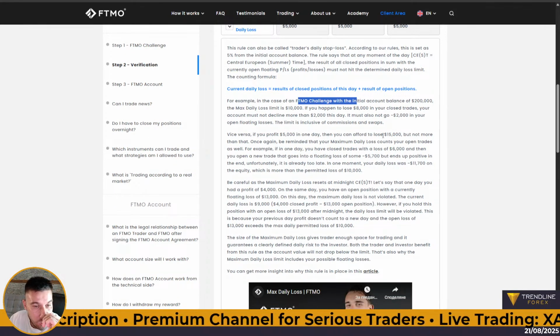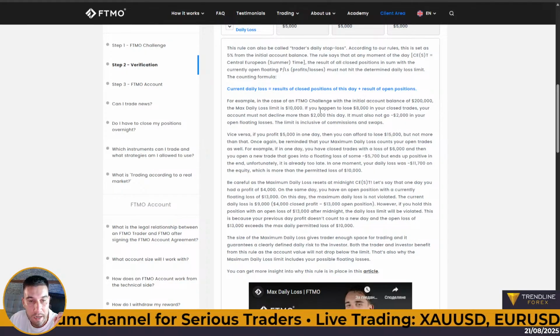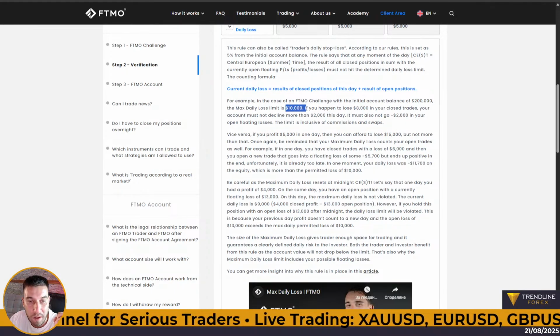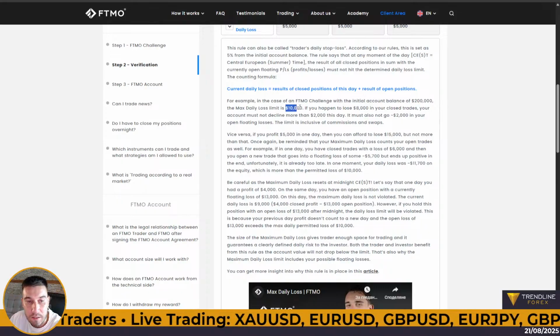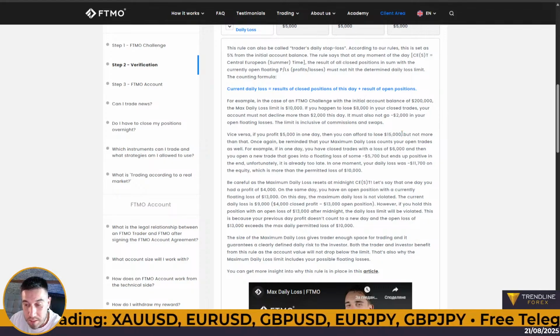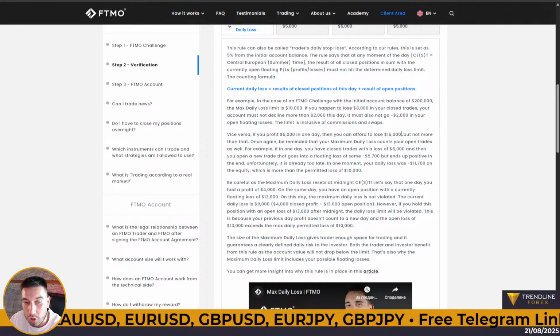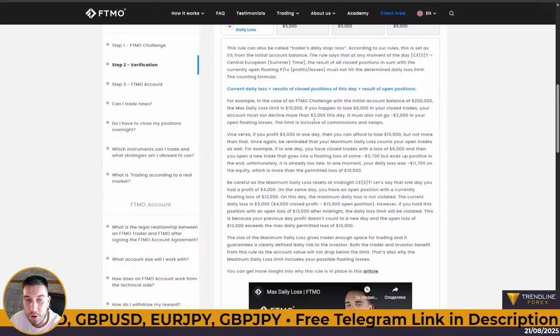So this is what I'm talking about. On a 200k account, you have a daily loss limit of 10k. So if you make 5k profit, now your daily loss limit is not 10 but 15k. You see, this is how it should be, because other prop firms would have different rules.